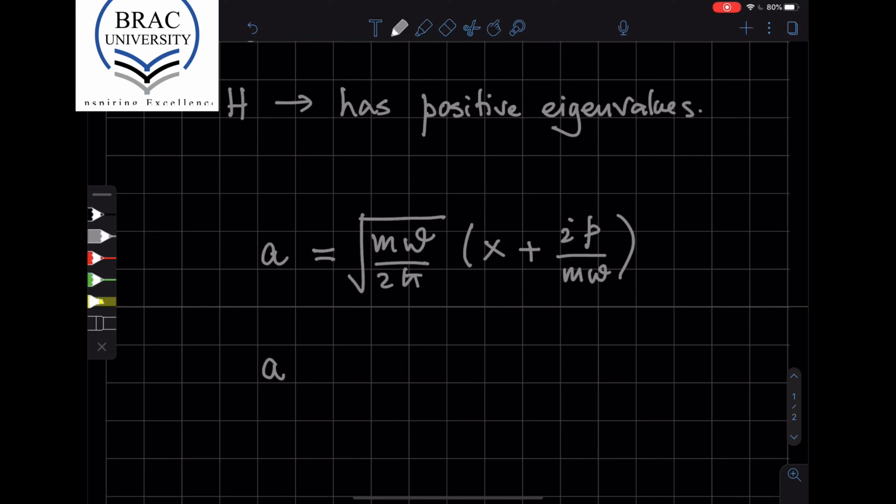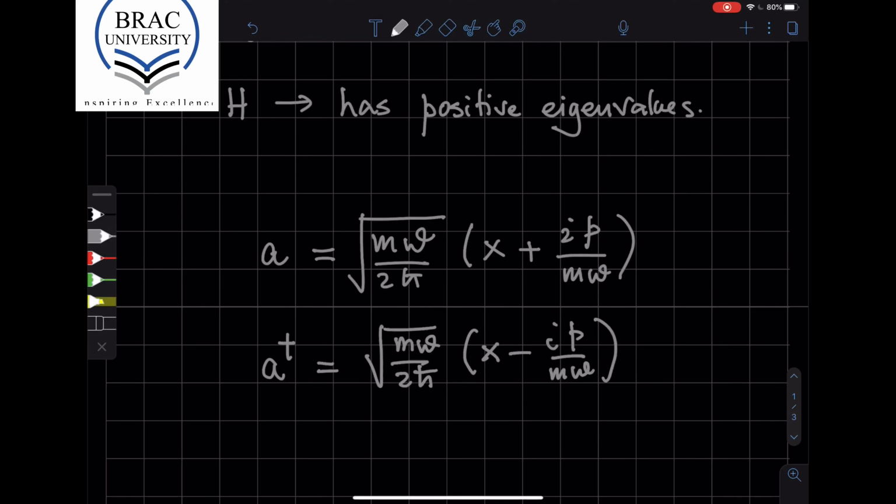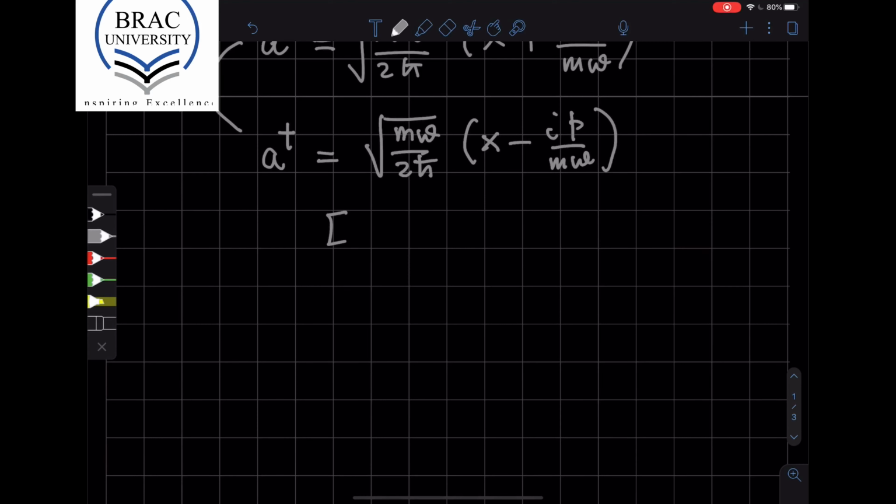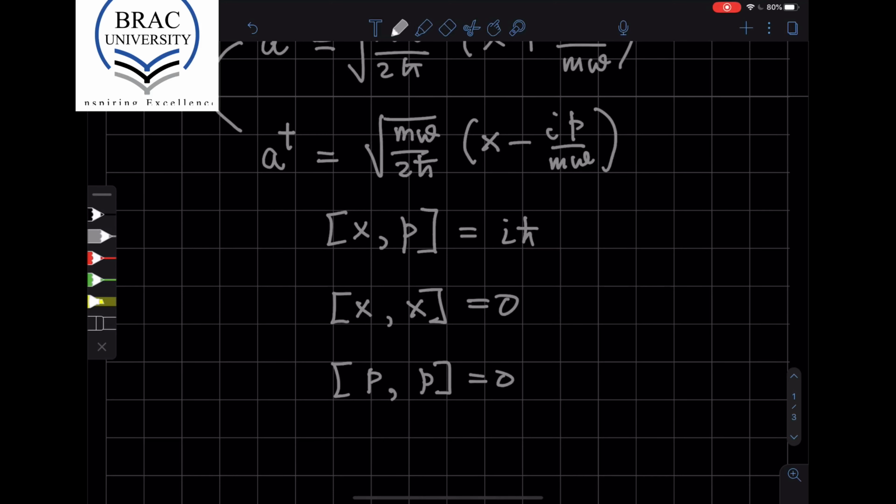And then its Hermitian conjugate, A dagger, is of course given by the square root of m omega over 2 h bar times x minus i p by m omega. It should be obvious that these two are Hermitian conjugates of each other. Remember that the fundamental commutation relationships are that the commutator of x and p is i h bar, and of course any operator commutes with itself, and so these are the fundamental commutation relationships.